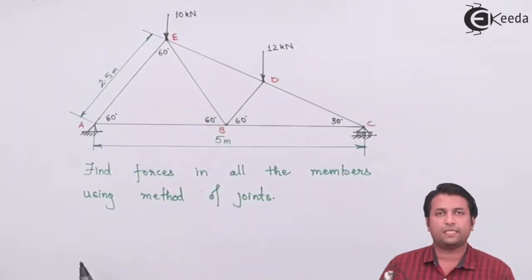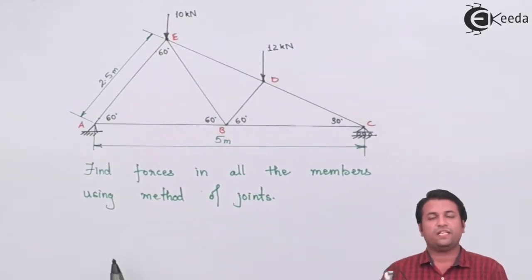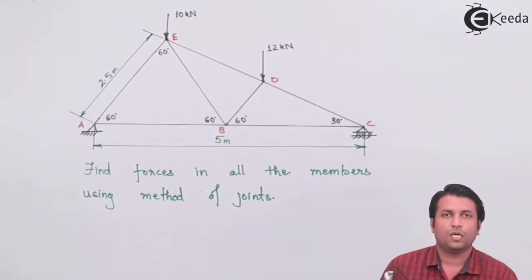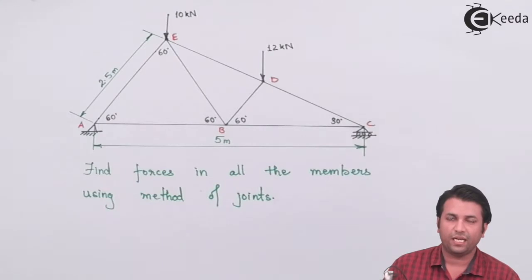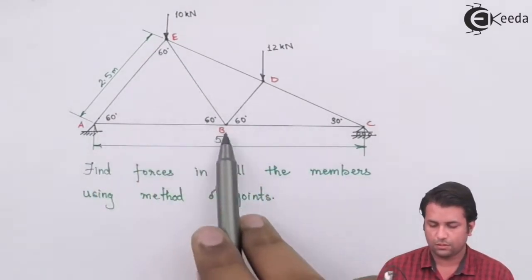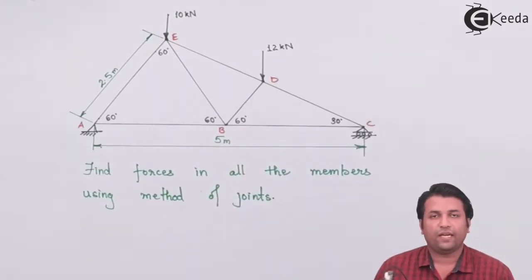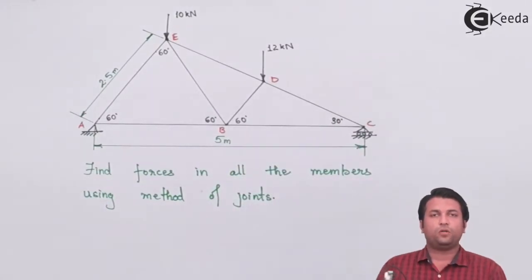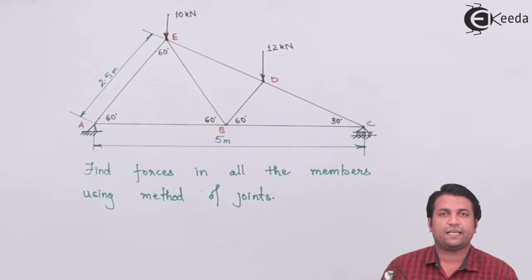The number of members is 7. Since I'm having one hinge support and one roller support, the total number of reactions will be 3, and the number of joints, we have 5 joints. So if I put this in the stability criteria, that is m equal to 2j minus r, I should get it as a perfect truss.